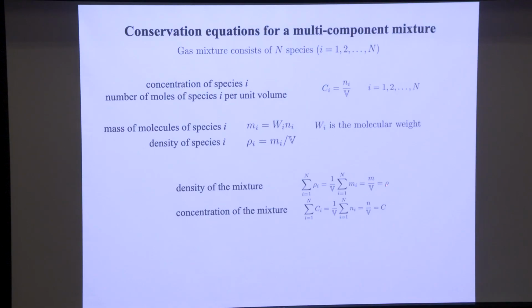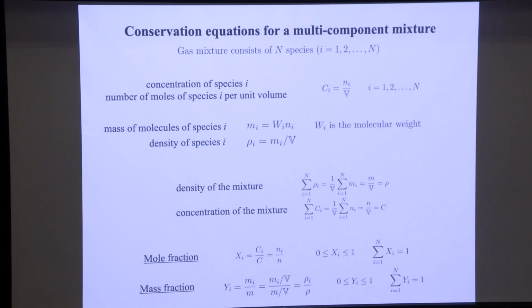So rho is the sum of all the rho I. We can now write an expression for the concentration of the mixture, which is the sum of all the concentrations Ci, which is the number of moles Ni divided by V summed over all I, and the sum of all the moles Ni is the total number N, so it's N over V. This is the concentration of the mixture.